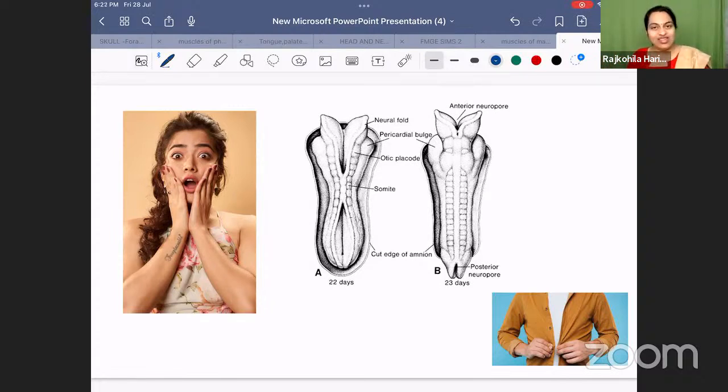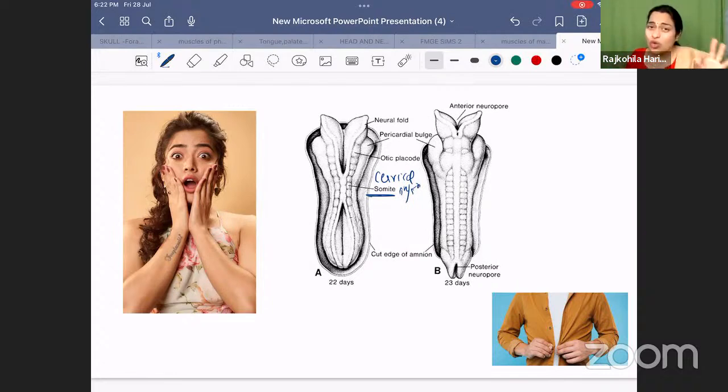So when you button a shirt, you can button it from up, down, or from the middle, right? So the closure of the neural tube begins somewhere in the middle. It begins in the cervical region, where you have the fourth or fifth cervical somite. And then it proceeds upwards from there and downwards from there.